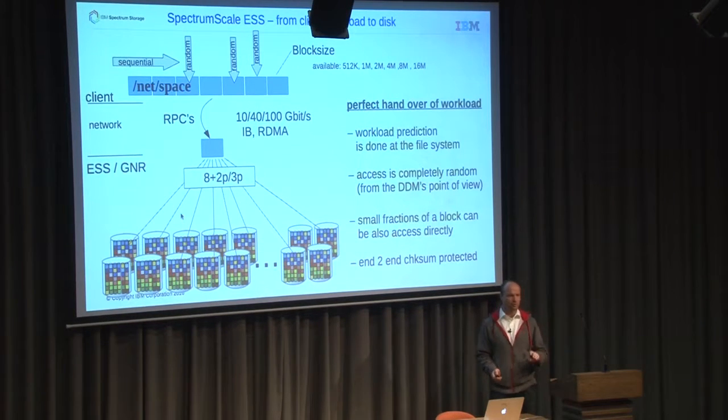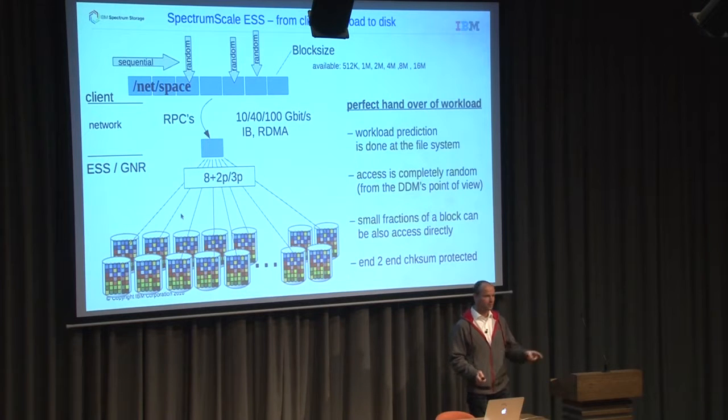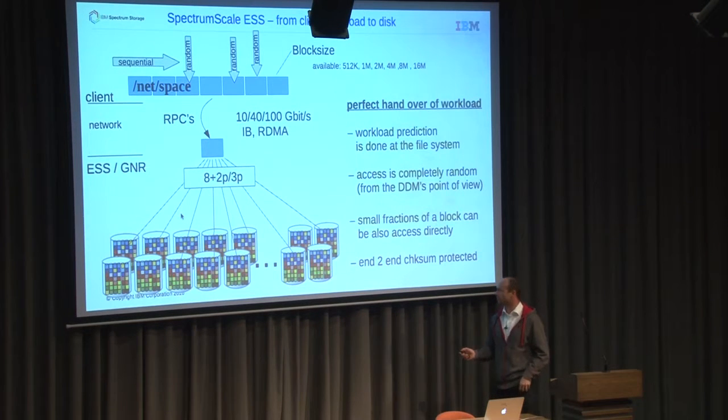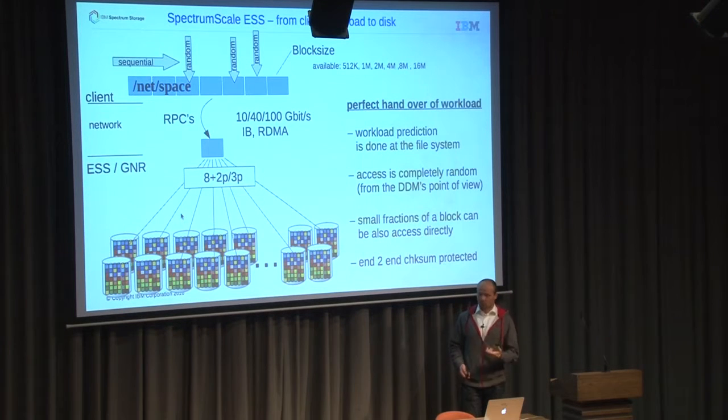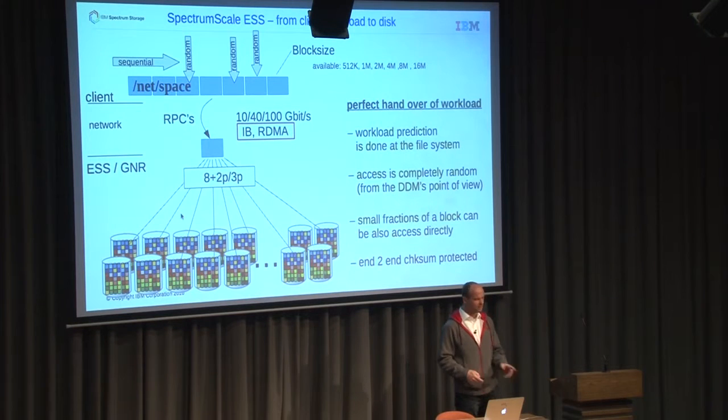So there is no loss of performance whether you have a random workload or a sequential workload, because on the disk layer, every I/O is a random I/O because it's completely wide-striped. The next block is never fetched from the same disk. So that's why we can raise performance. Usually I would explain a little bit more about the connectivity layer from here to here, but 20 minutes is not much time, so I skipped it. If you have questions, you can ask us.